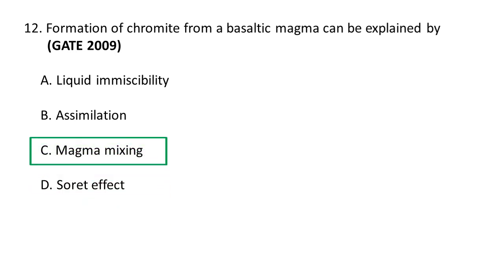This is most commonly explained by the process of magma mixing, where a more primitive, that means olivine saturated, basaltic magma mingles or mixes with a more evolved and differentiated magma, creating a hybrid melt that becomes saturated in chromite, which leads to crystallization as a separate phase. So the formation of chromite from basaltic magma can be explained by magma mixing.